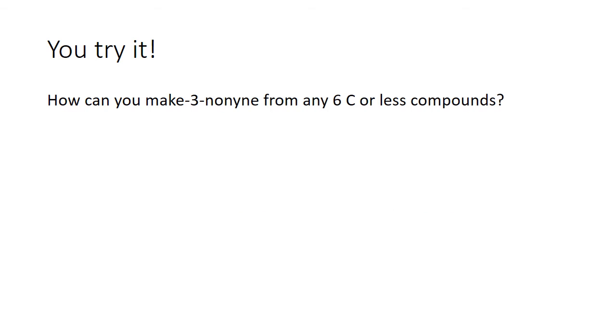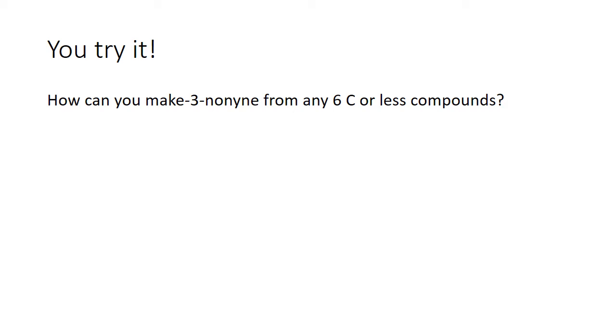Well, 3-nonyne, you could make with an alkyne anion, because that would take an alkyl halide and an alkyne that you change into an anion, a terminal alkyne, and then you could join them together and make a 9 carbon chain. So what could you start with?